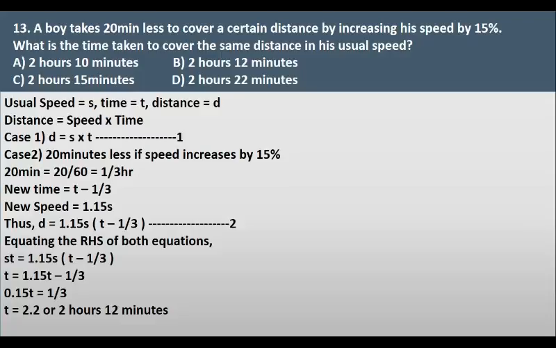Please note that 0.2 hours is converted to minutes by multiplying 0.2 with 60. So 60 into 0.2 gives us 12. So the final answer is 2 hours 12 minutes. If we look at the options, we see that option B matches with our answer. Hence, that is the correct answer.